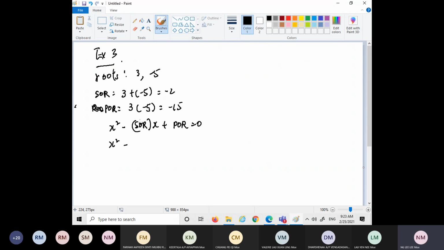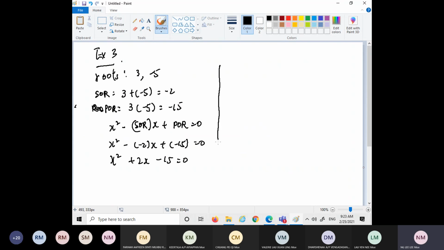So x squared, SOR, take from here, negative 2. POR, take from here, negative 15, equals 0. So x squared, negative, negative becomes positive. Negative, positive becomes negative. So this is the answer. This is method number 1.